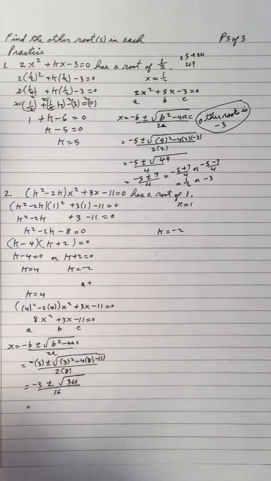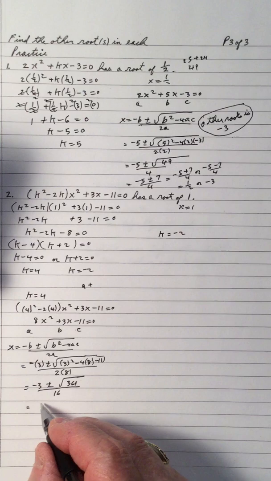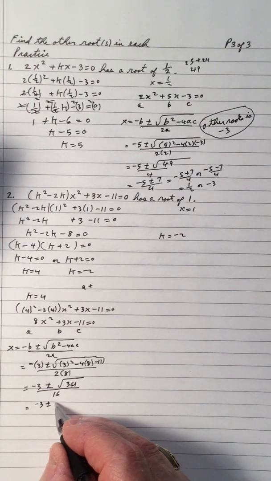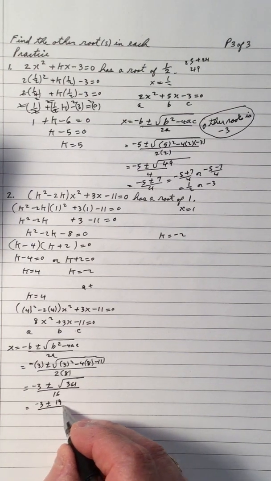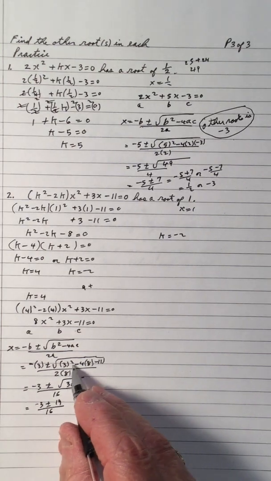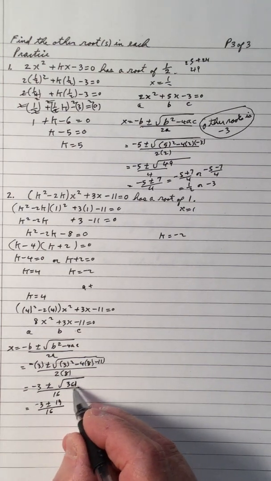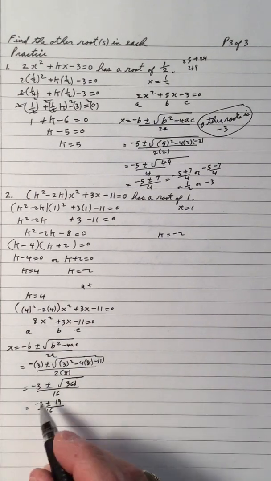And what's the square root of 361? The square root of 361 comes out to be a 19. Now what I did, I didn't memorize that, so I typed all this in my calculator and got 361, and then I did the square root of 361 on my calculator, because I don't go around memorizing all the square roots.